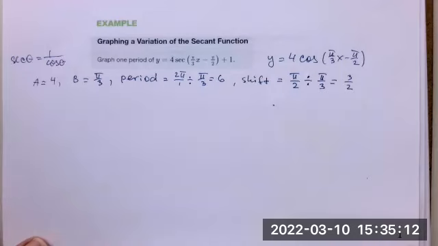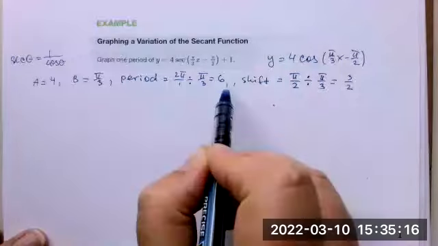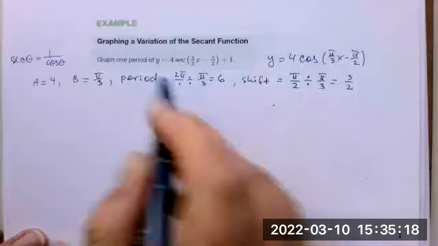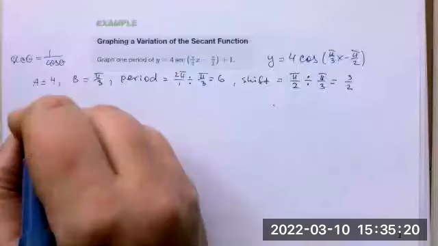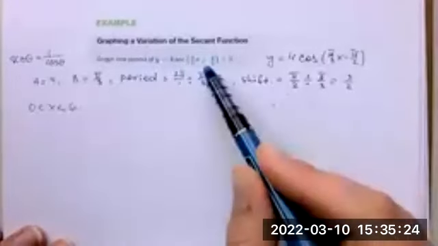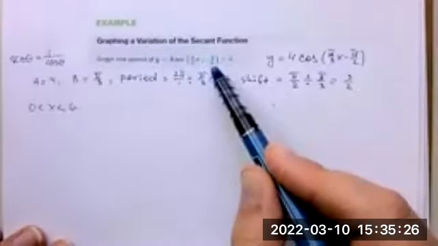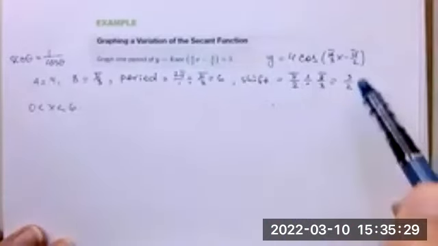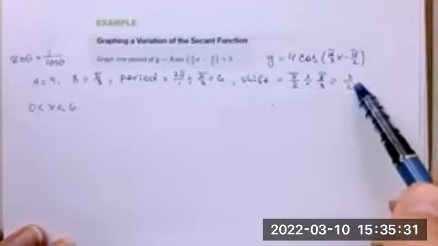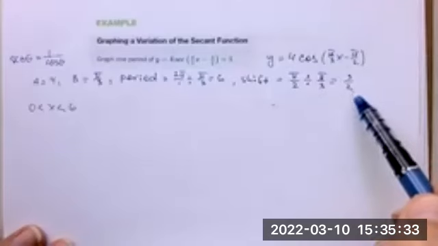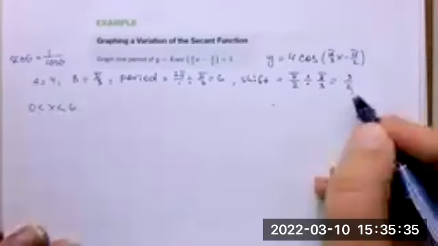And so our period is 6, right? So it would have been from 0 in a positive direction. It's negative, so we change the negative to positive. So the shift is 3/2 in the positive direction.